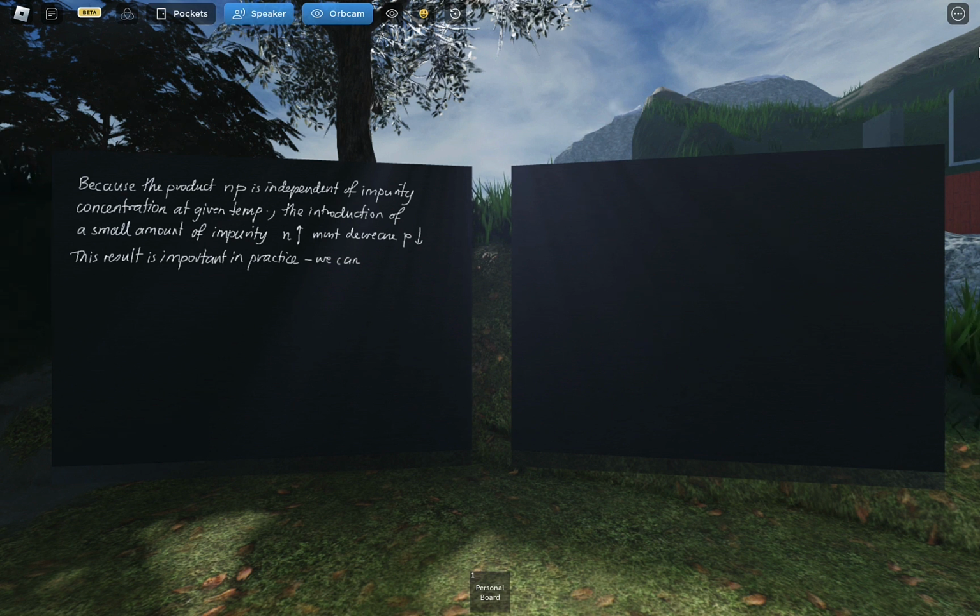We can reduce the total carrier concentration, which is N plus P, and that's N plus some constant divided by N, because the product is constant, at least in the context of the changes we're considering. So you can increase that by introducing impurities, by raising N. Right?